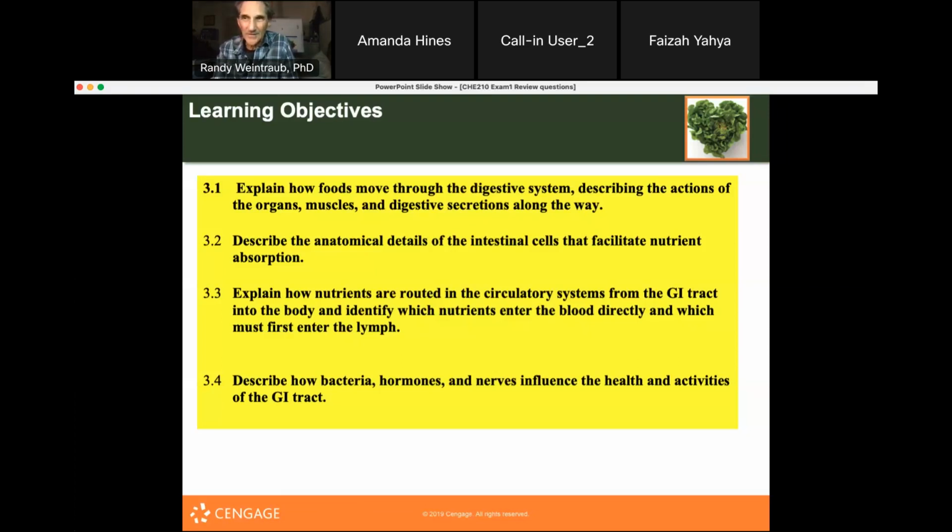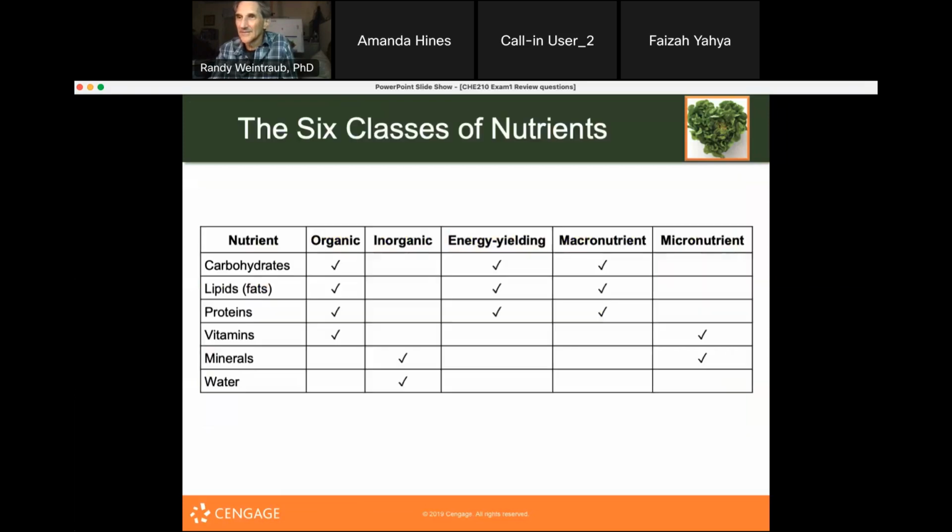So do some of the proteins, but they can't just go because they're not water soluble, and that's what our blood is mainly. Hormones and the nervous system have to work in concert to have a healthy digestive system.